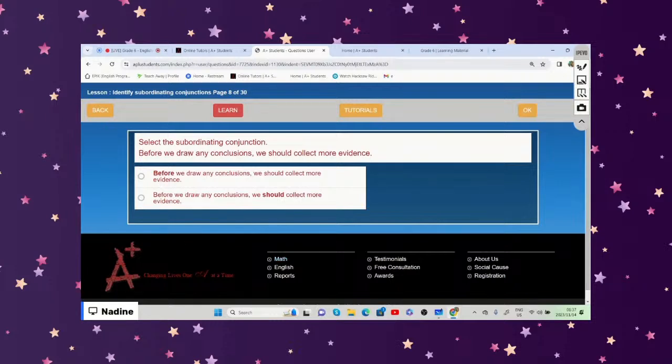Is it before we draw any conclusions, we should collect more evidence, or before we draw any conclusions, we should collect more evidence?